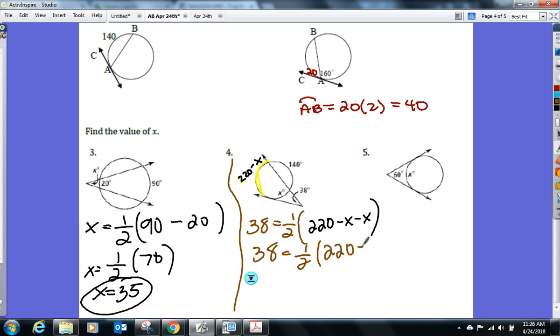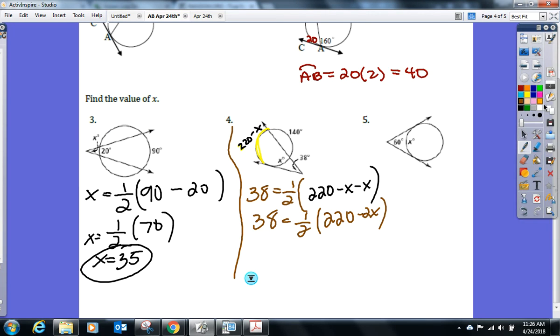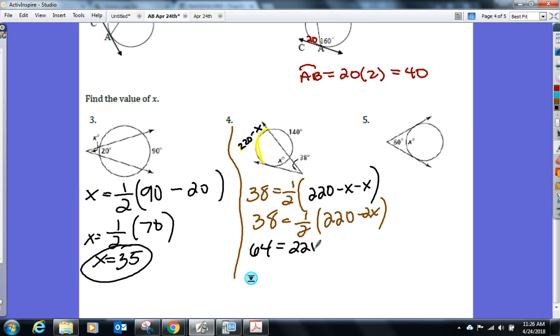Yep. Just like I did yesterday, I'm going to get rid of the 1/2. You can distribute the 1/2 if you want. All right, so everyone, I'm multiplying both sides by 2 right now, and I'm going to get 64 equals 220 minus 2x. When you multiply by 2, it does not change what's inside the parenthesis. And then I'll let you guys go from here to find x.